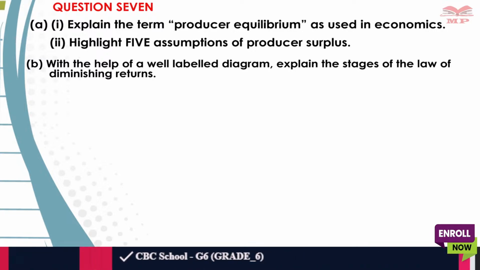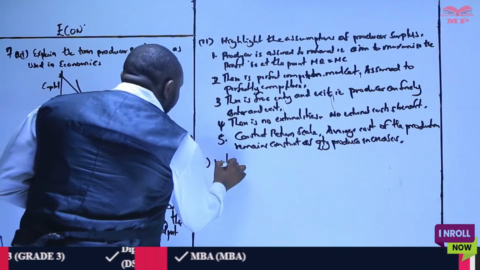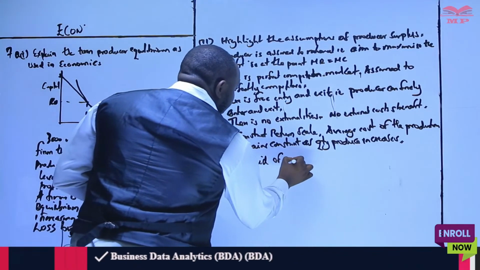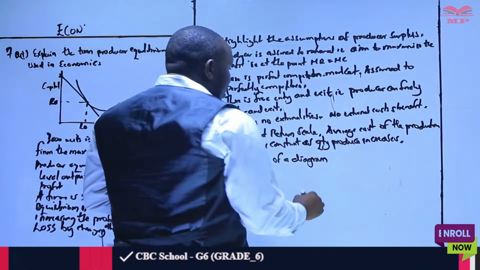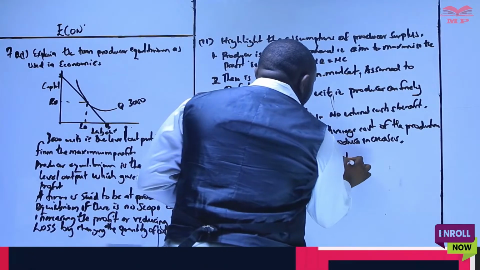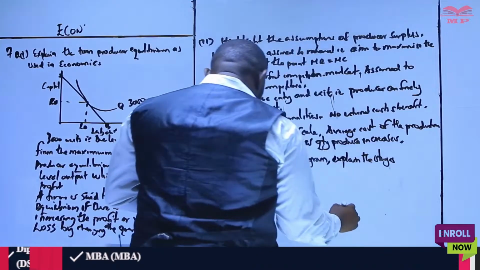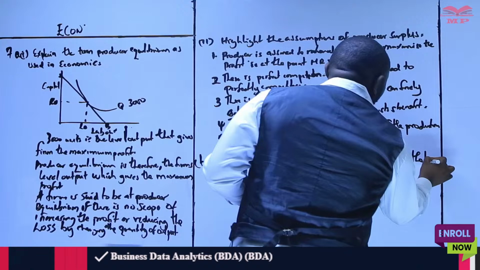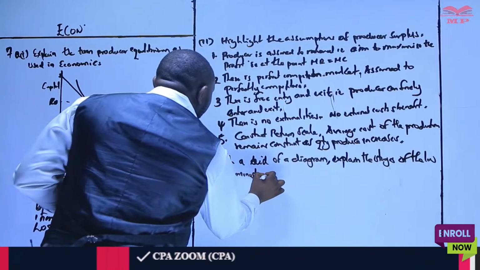With the aid of a diagram, explain the stages of the law of diminishing return.